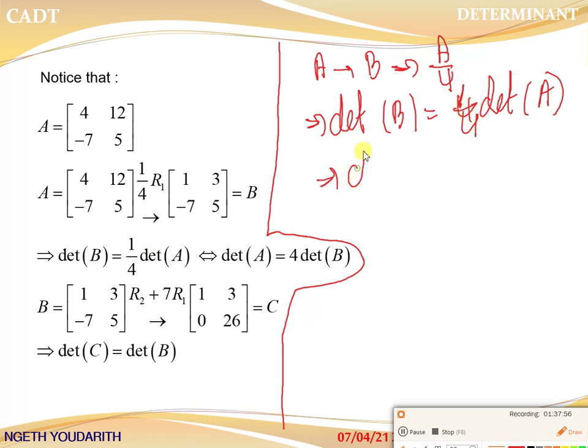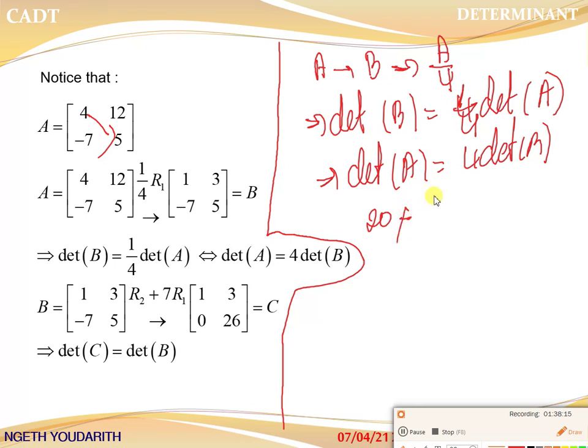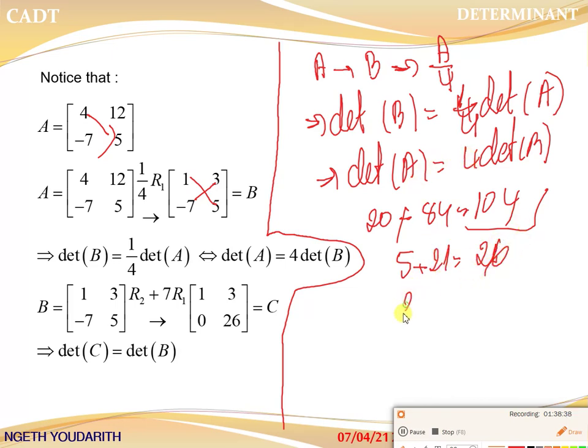So we get determinant A is equal to 4 determinant of B. In this case, for A, 20 minus plus minus and minus, this one is 84, so 104 is the determinant of A. And about B, this one is 5, this one is 21. 5 plus 21 is 26. 26 multiplied by 4 is 104, and it is the same.